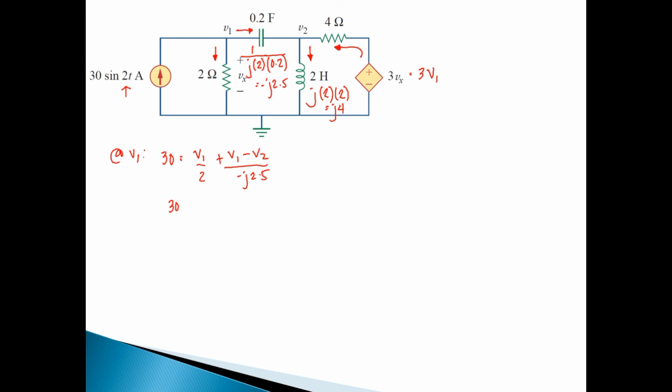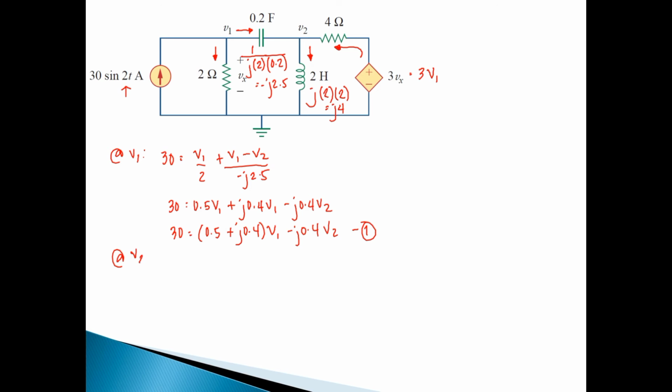So this will be 30 equal to 0.5 V1 plus j0.4 V1 minus j0.4 V2. So this will be 30 equal to 0.5 plus j0.4 V1 minus j0.4 V2. So this is our first equation.